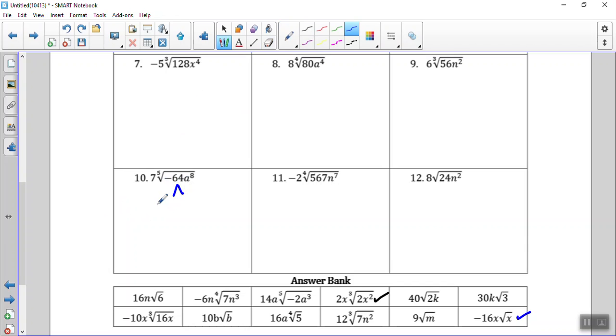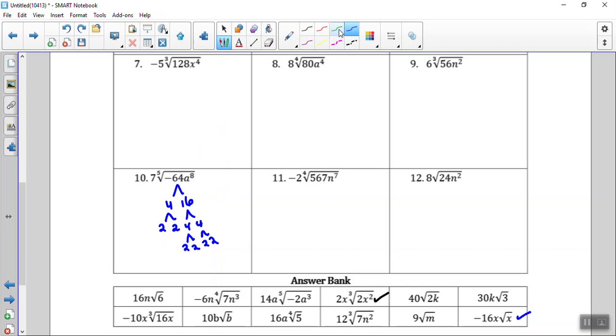Let me see, 4 goes into it. Yeah. So that is 4 times 16. 2 times 2. 16 is 4 times 4. And that's 2, 2, 2, 2.